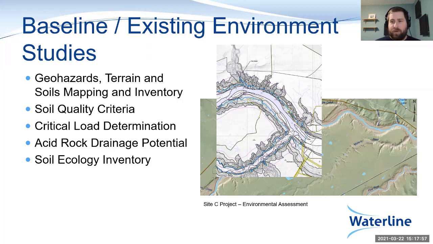If you're working in a boreal forest, we'll have different soil quality criteria than if you're working in high alpine limestone derived deposits on the Rocky Mountains, versus different soil quality criteria if you're working in the prairies, where you have more naturally occurring salts.